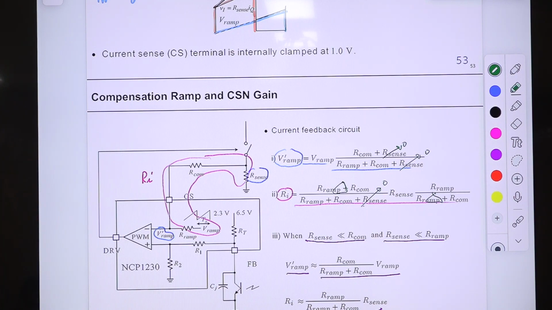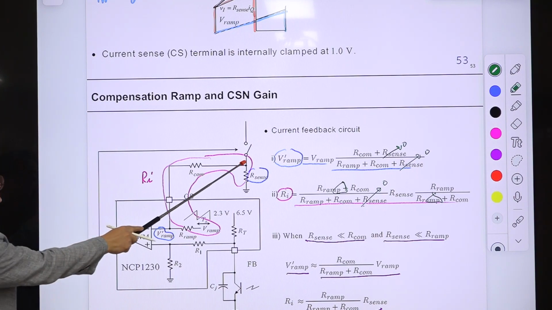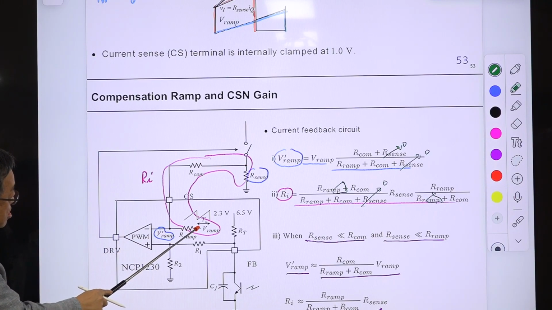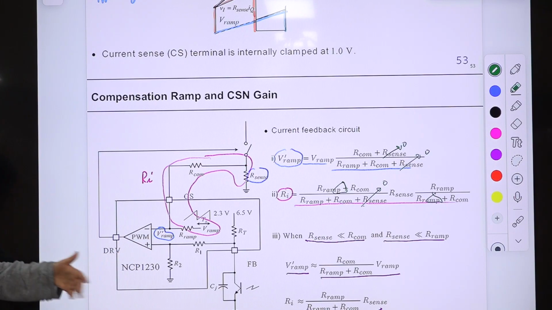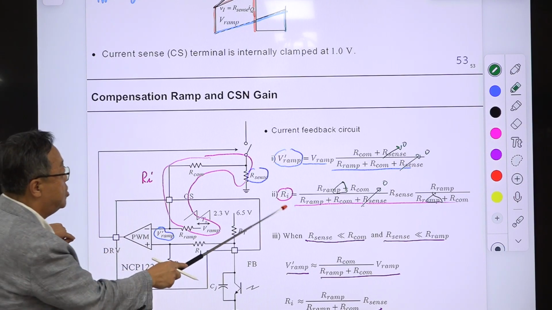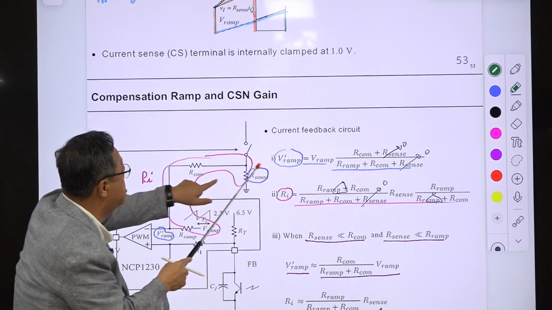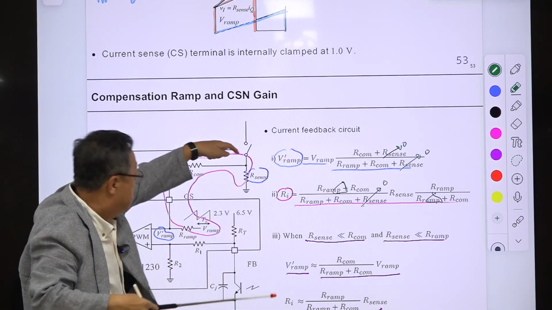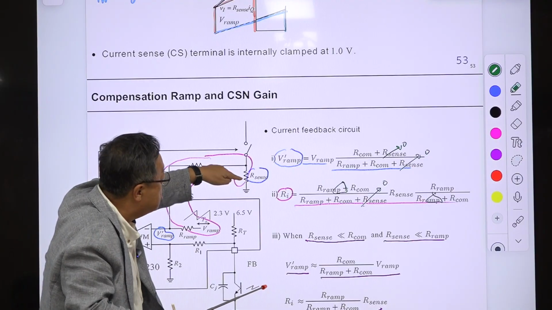And the current sensing network gain, switch current is coming down here. And you think this is ground. You are applying the superposition again. Then current will be divided based on this and times this. So this is the part of switch current flowing through this R sense.